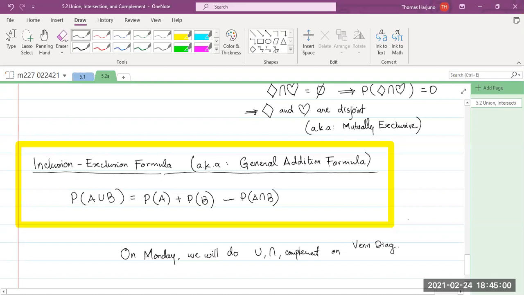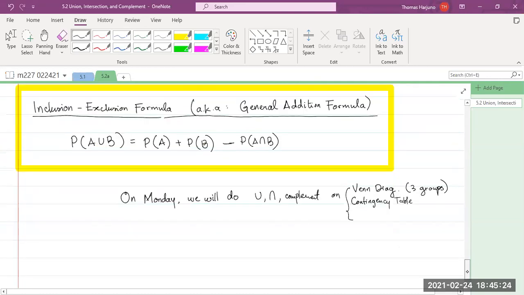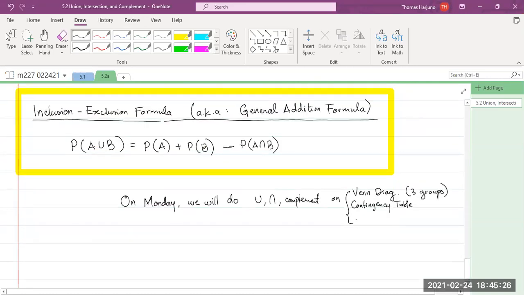But at that time, we will use 3 circles, 3 groups, 3 sets. So far, we only have done 2, right? We will also apply this to contingency tables. And we will also do the case where we have neither.